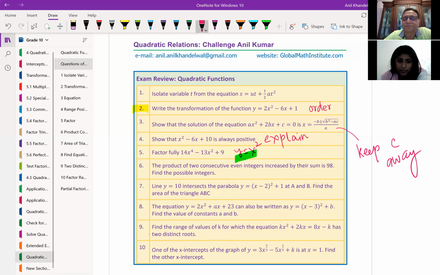The product of 2 consecutive even integers, oh yeah, so this is where I tried to complicate myself, and then you said obviously keep it simple, so just work with x and x plus 2. The question I asked was, how do you know x is even or odd?